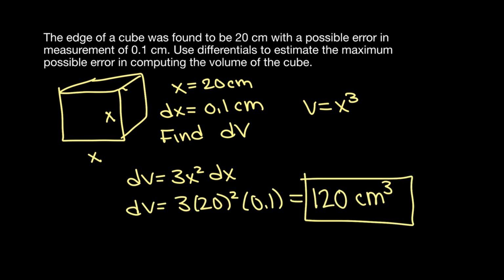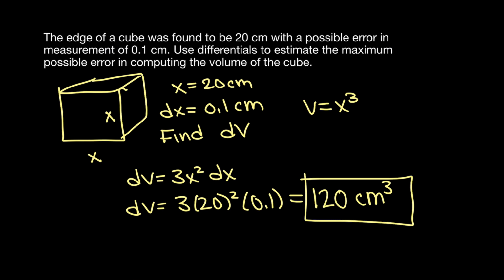Now I'm going to plug my numbers in. I know that x is 20 and dx is 0.1. So 3 times 20 squared times 0.1, that's 120 centimeters cubed. So this is telling me if I change the measurement of a side of this cube by 0.1 centimeters, I can expect my volume computation to change by 120 centimeters cubed.